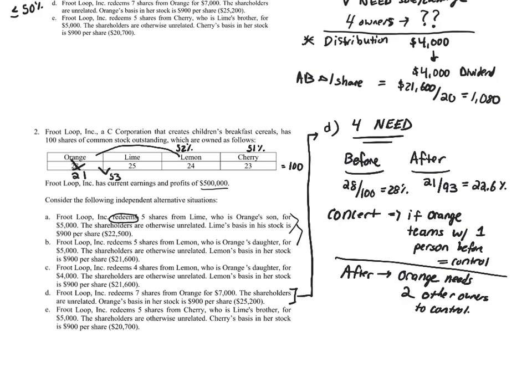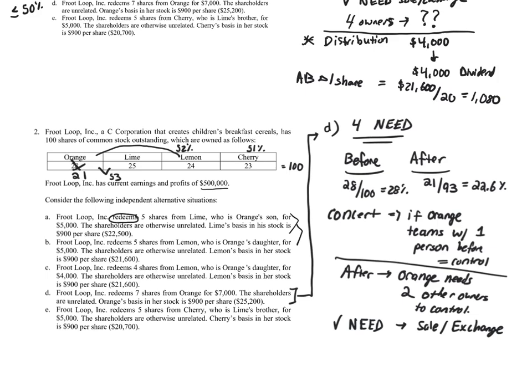So if this happens, the tax law says this will be treated as a NEED, not essentially equivalent to a dividend, and therefore will be treated as a sale or exchange. Now again, this is going to be a very unique fact pattern. So if I give this on the exam, you're going to see it's going to be set up kind of similar. So you need to be thinking about that issue. But the most important thing is understanding how this works.